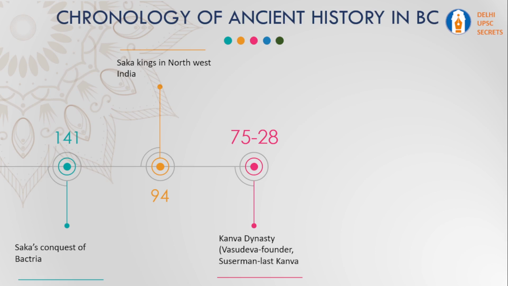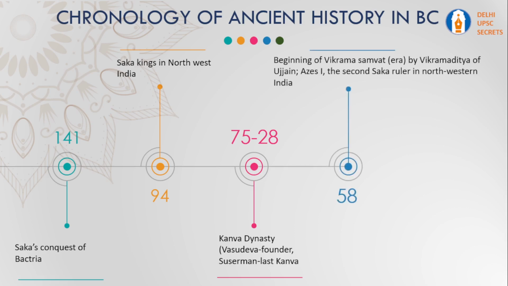Coming to 75 to 28 BC, we have the Kanva dynasty. As I told you, Shungas, Kanvas, Shakas, and also in the northwestern part the Indo-Greeks. Then in 58 BC, the beginning of the Vikrama Samvat era of Vikramaditya of Ujjain, the second Saka ruler in northwestern India.